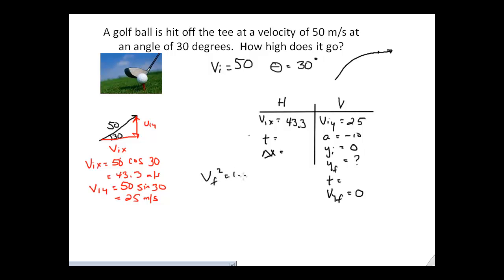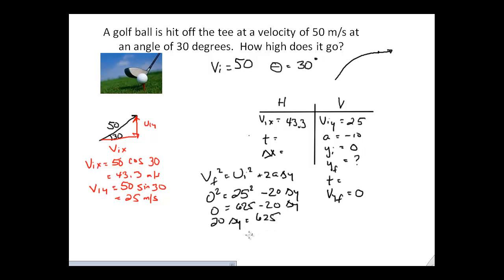VF squared equals VI squared plus 2A, in this case, we'll do delta Y. So I have 0 squared equals 25 squared minus 20 delta Y. So 0 is 625 minus 20 delta Y. 20 delta Y is 625.